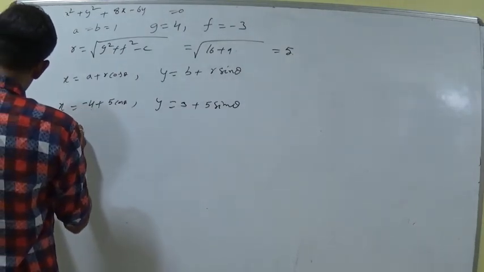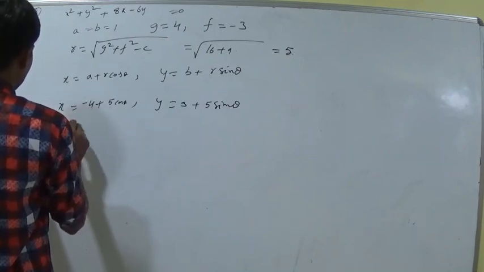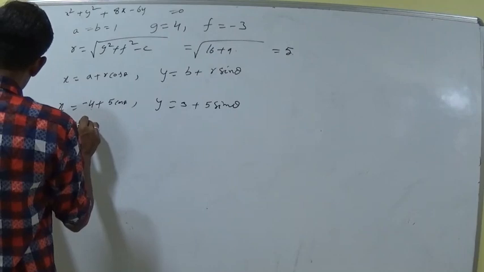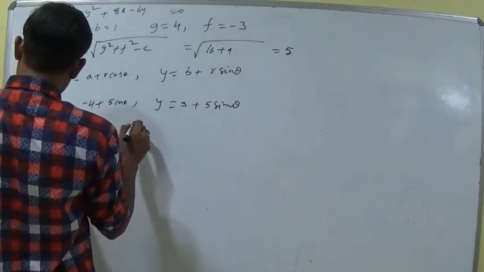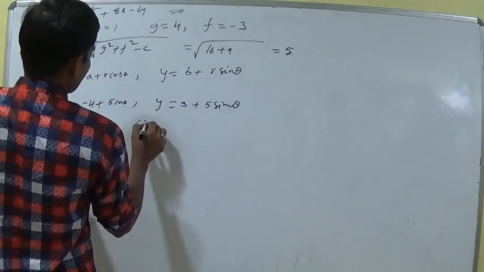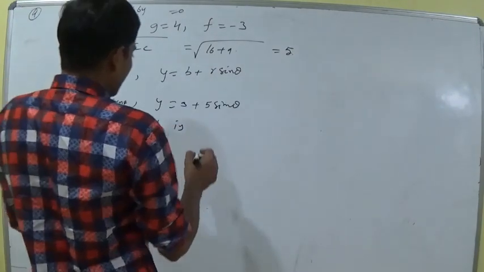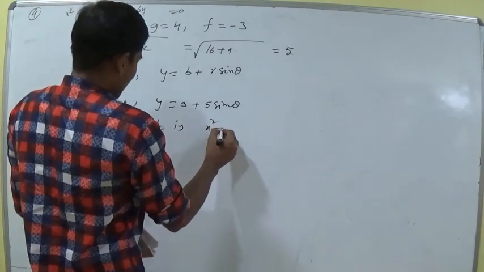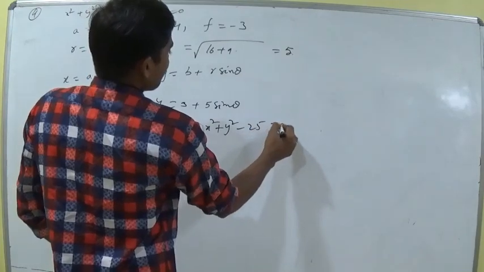The point is minus 2 comma 5, and the circle equation is x square plus y square minus 25 is equal to 0.